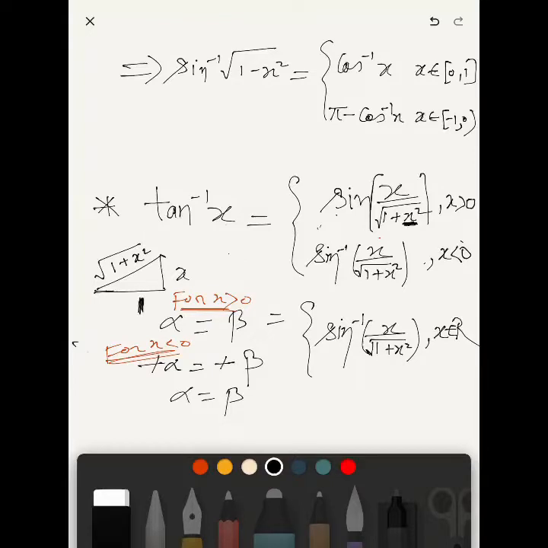I hope you got it, isn't it? Tan inverse x is equal to sine inverse x divided by under root 1 plus x square for all x belongs to real number.